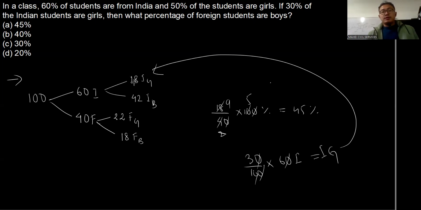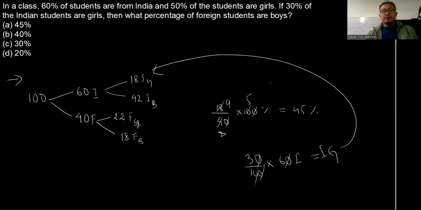Out of 60 Indians, 18 are girls, so the remaining Indian students are boys. 60 minus 18 is 42, that is Indian boys.